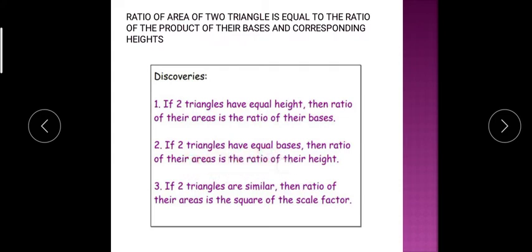If two triangles have equal bases, then the ratio of their areas is equal to the ratio of their heights. And if the two triangles are similar, as I explained, the ratio of their areas is equal to the square of the scale factor. Scale factor means any corresponding sides will be given, sometimes heights are also given, therefore it is mentioned here as scale factor. So all these 4 points are important, and you have to note them in your notebook. This is the base of similarity.